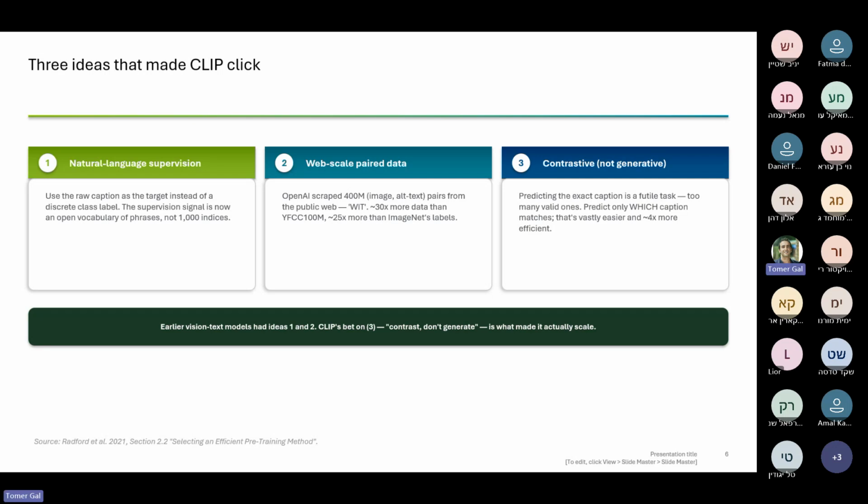So this approach was 3 times slower than just predicting which one of 32 candidate captions it matches. So they switched to a contrastive objective, and this one scaled. In their paper, they said it was 4 times more efficient versus the generative baseline at the same compute.